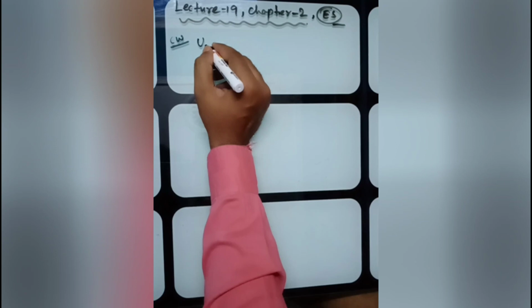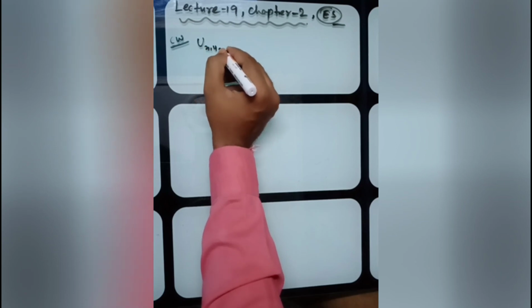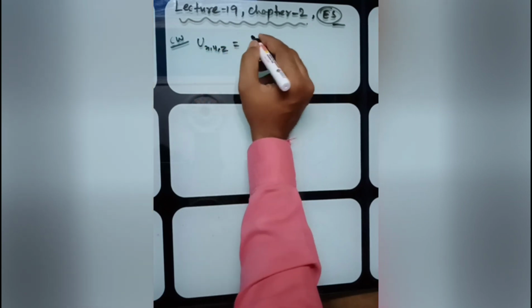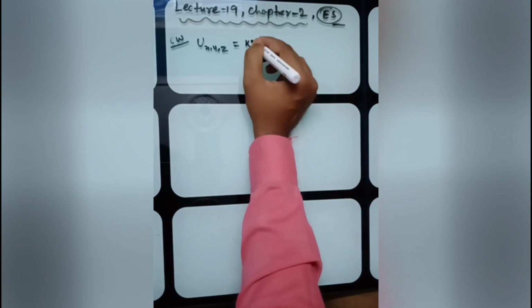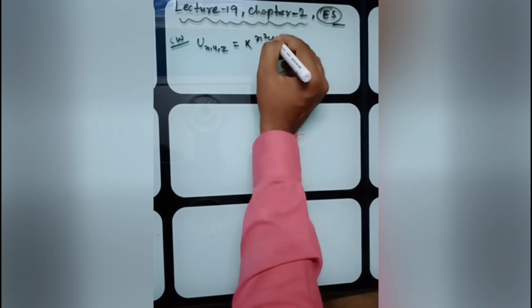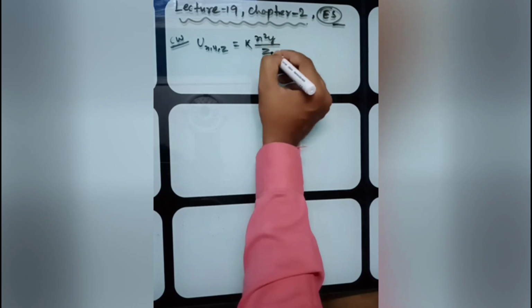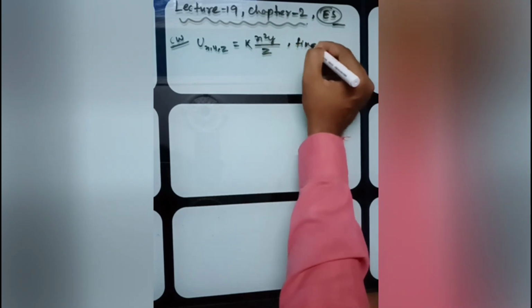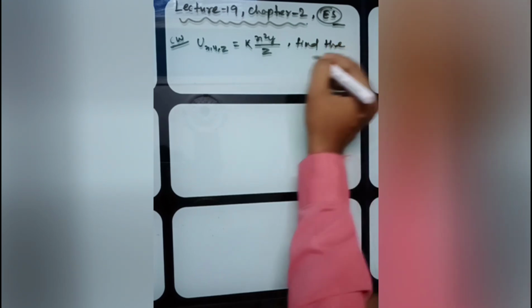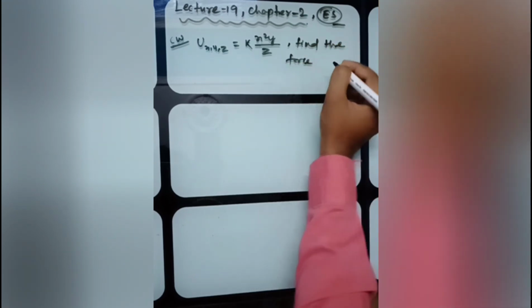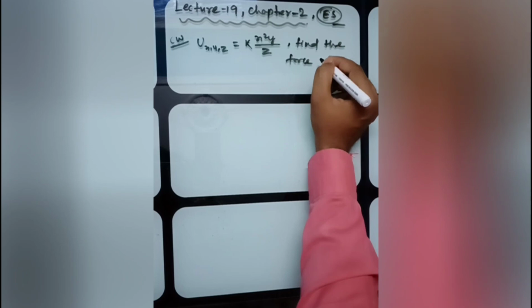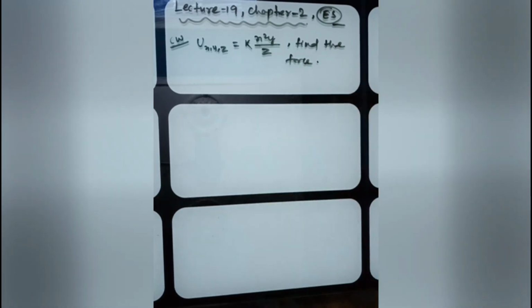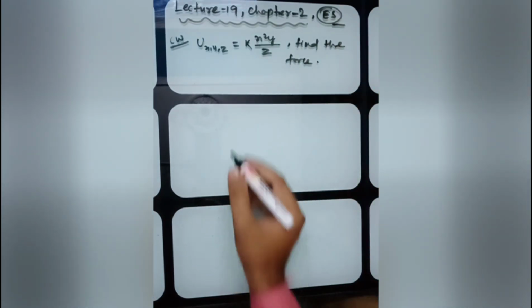Potential energy, which is a function of space x, y, z, is given as suppose a constant, positive constant, x square y by z. The question is to find the force. So my dear students, this is your classwork.